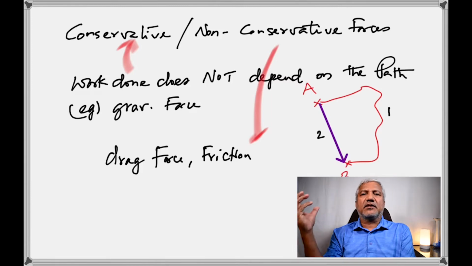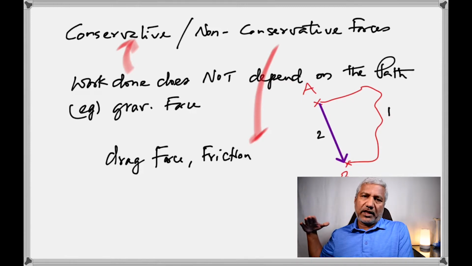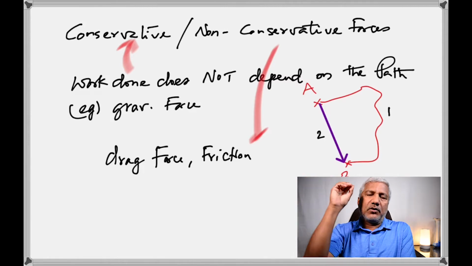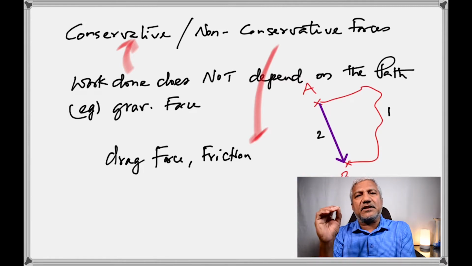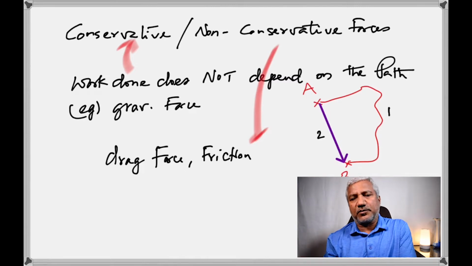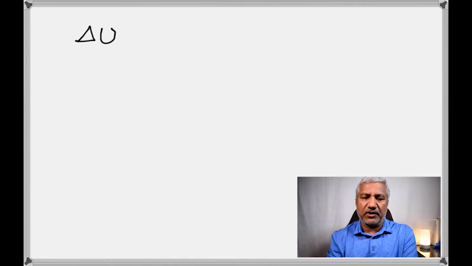So in the gravitational force field, you can take an object straight up, or you can take it along a ramp. The only thing that matters is the vertical height. If it's a conservative force field, like the gravitational field, it only depends on the vertical height. So that's the difference between conservative and non-conservative forces.